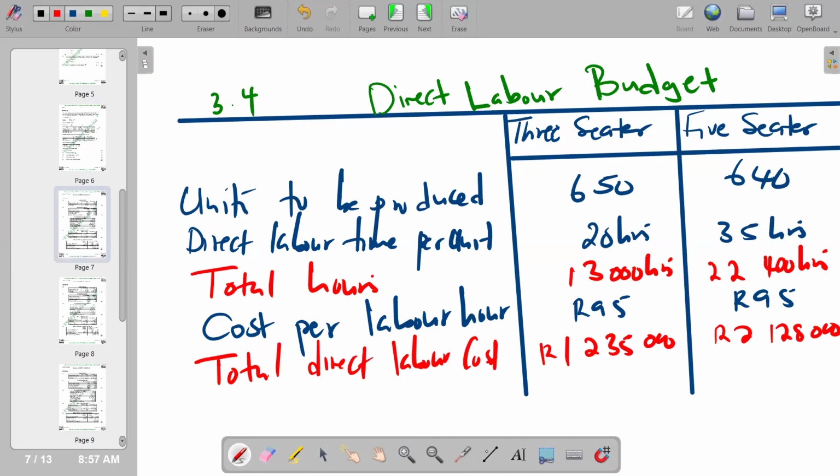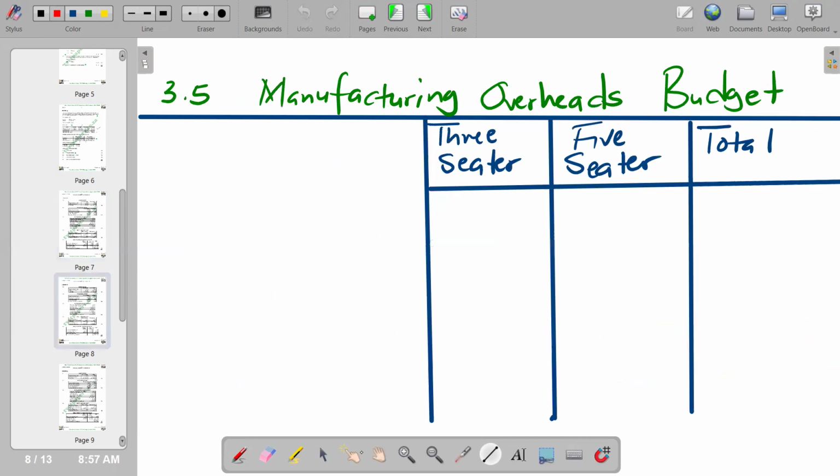So that becomes the final part. So this is what we have, guys, on that part. Then we still have the last one, which is the manufacturing overheads budget.